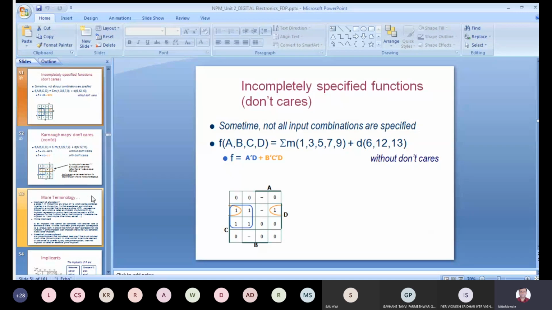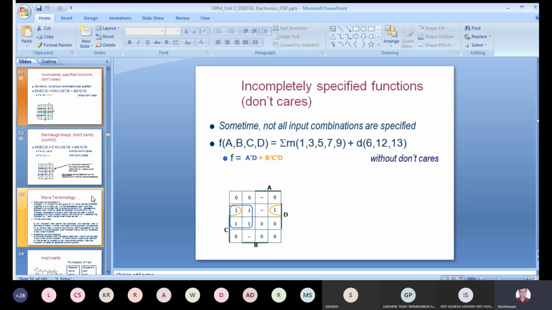Now, the next topic is the don't care condition. It is also called incompletely specified functions. Sometimes not all input combinations are specified in your problem.